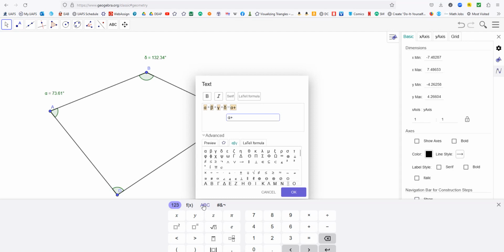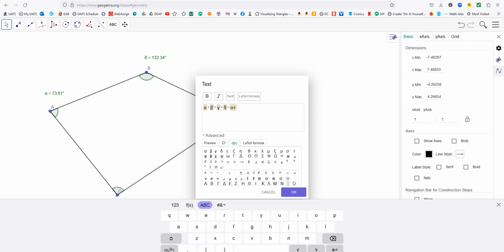Let's see if I can get it down here. Can not do it inside here? No, it's not letting me. Okay. So let me do a workaround here.